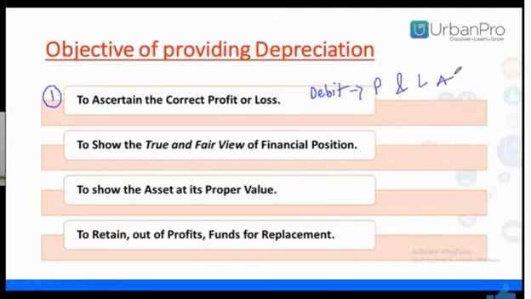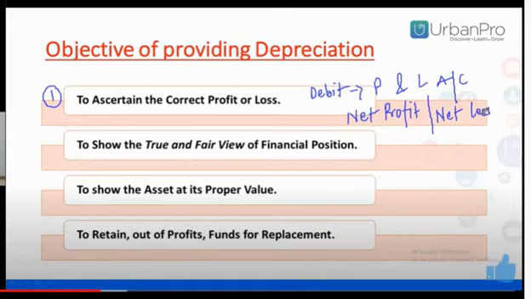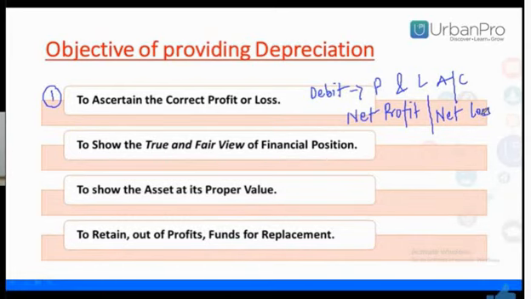We get the net profit or net loss from the P&L account. So if we do not charge depreciation, our profit will not be correct.